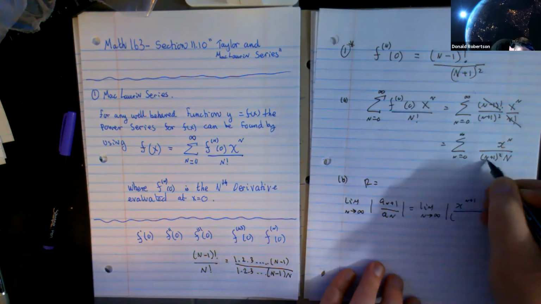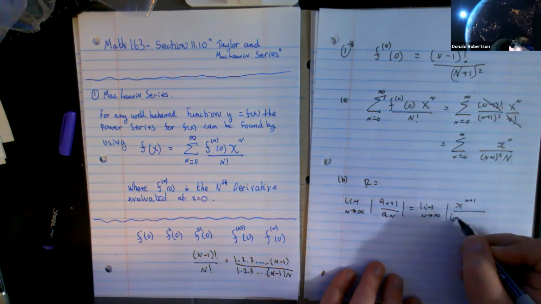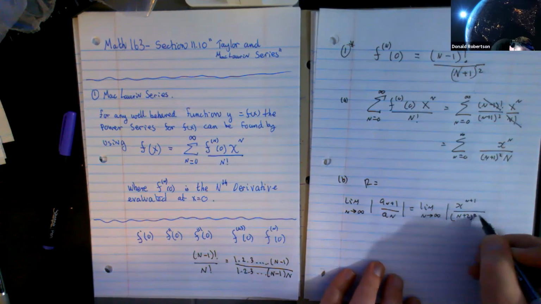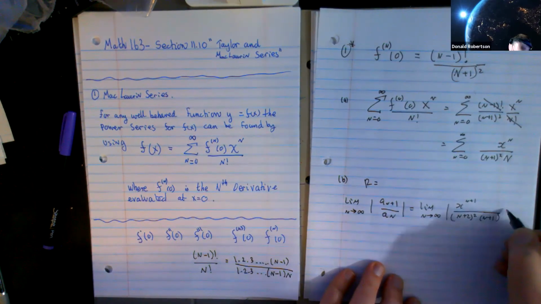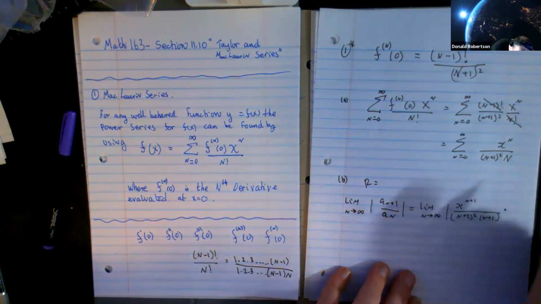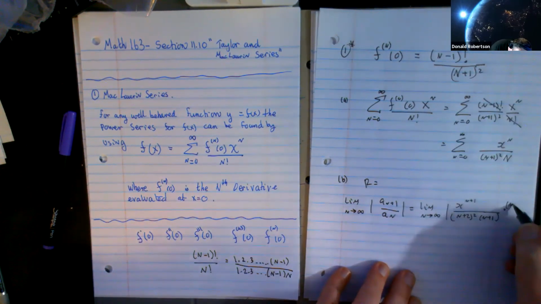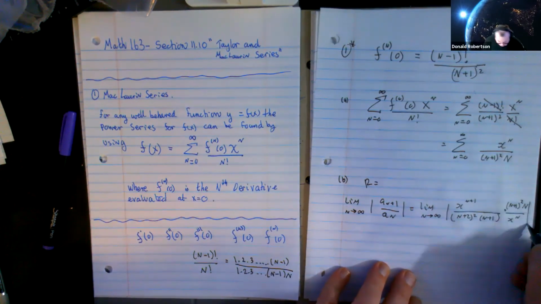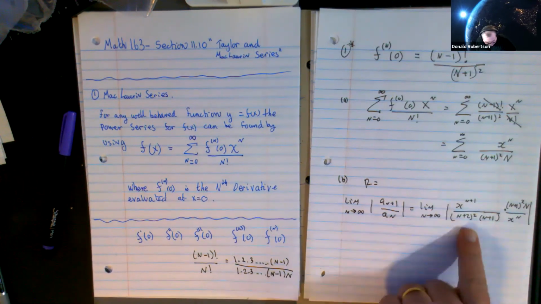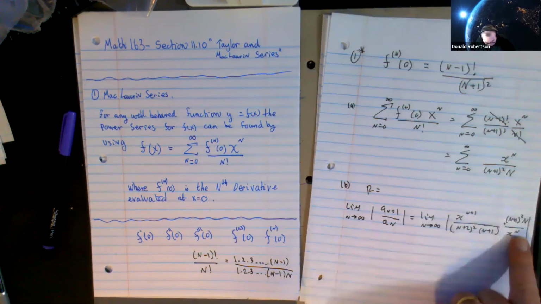This guy becomes n plus 1, so you're going to get n plus 2 squared. This guy becomes n plus 1. And then you turn everybody essentially upside down. So you're going to get n plus 1 squared, you're going to get n, and you're going to get x to the n. So a n plus 1, upside down version of a n.